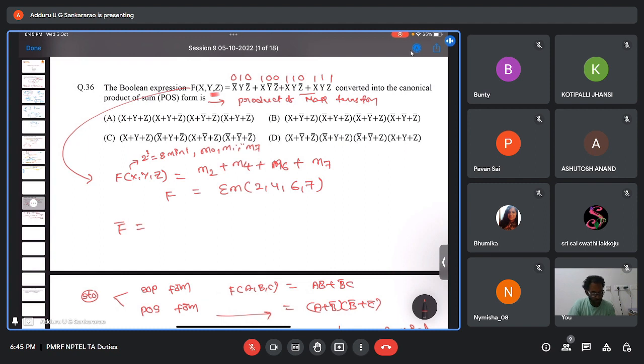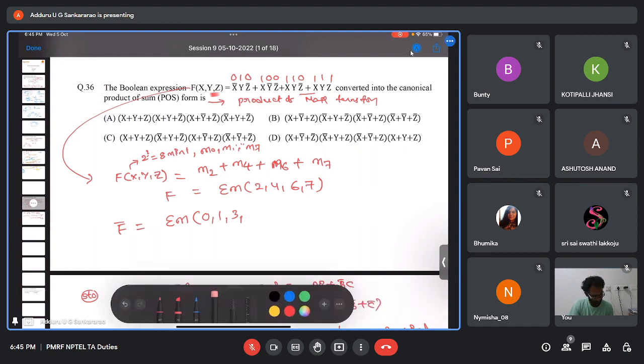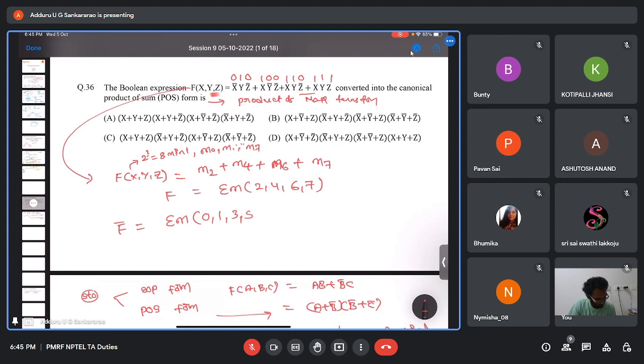Other than the minterms present in F. So sigma m of 0, 1, 3, 5, since 0 is not there in F, 1 is not there, 2 is there, 3 is not there, 4 is there, 5 is not there. So this is F bar. Got it? We have F, and from that you can get F bar.